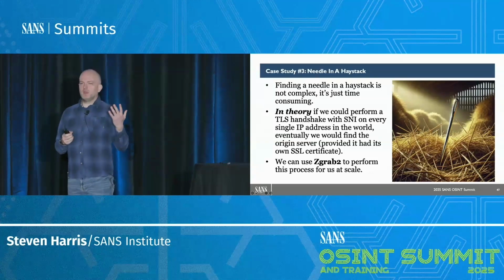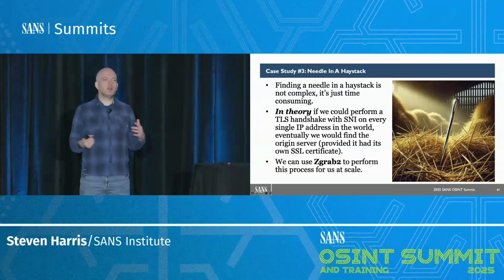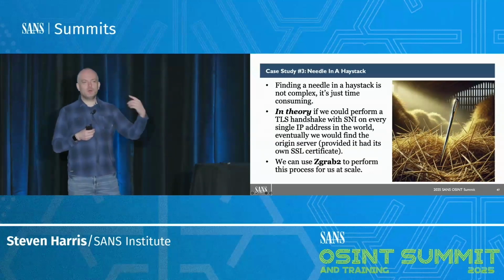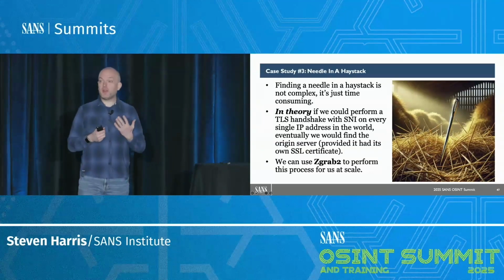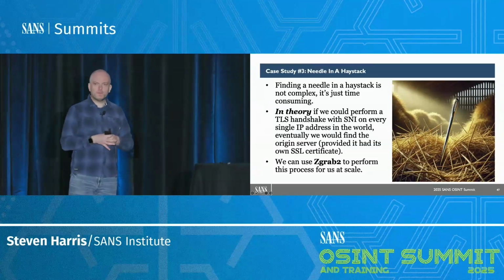If you were looking at me thinking, what, it's not easy? Well, if you have a huge haystack of 4.3 billion bits of hay and one needle, you would find it eventually if you removed every single bit of hay, you would eventually be left with a needle. Very boring, very time consuming, but conceptually not too tricky.